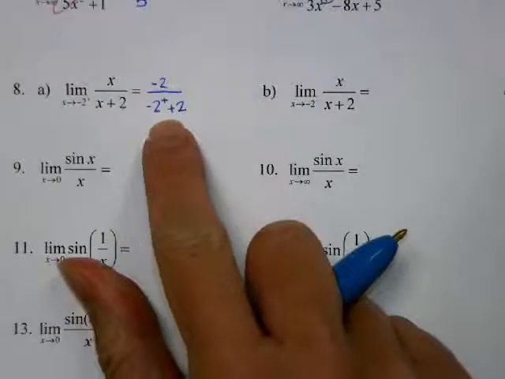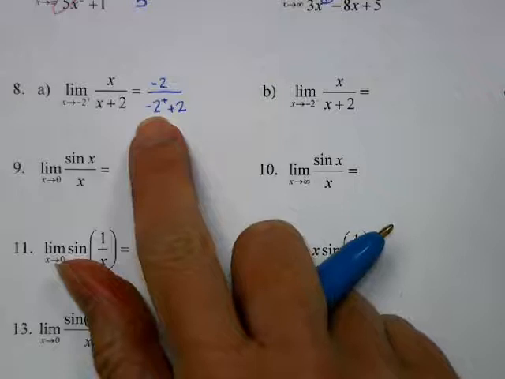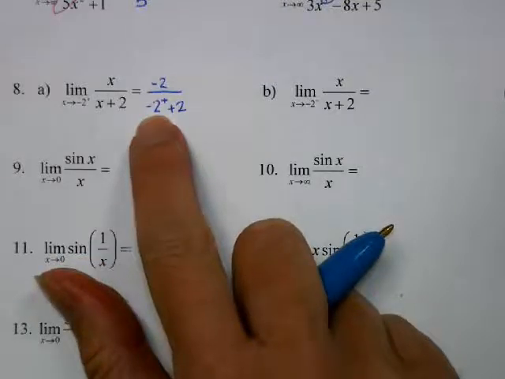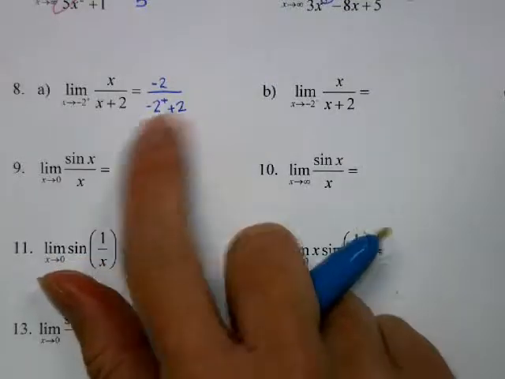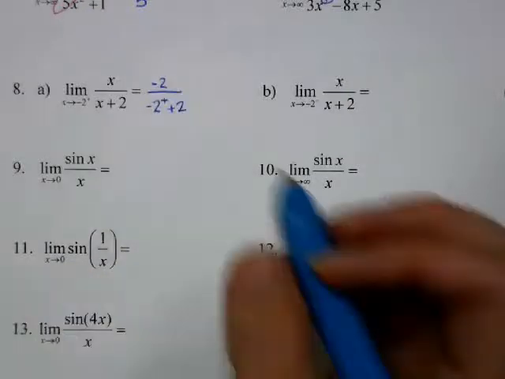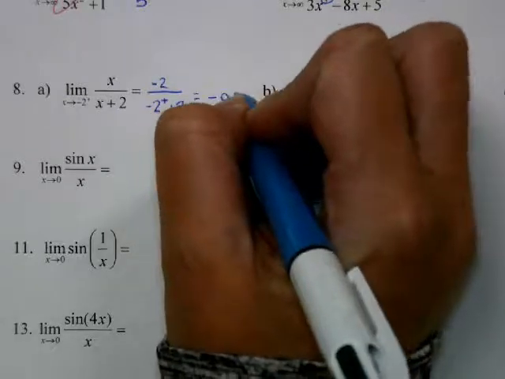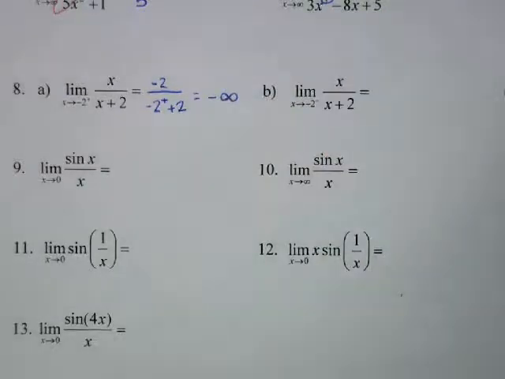So looking at numbers as we get really close, if I'm plugging in numbers that are just a little bit bigger than negative 2, that means this denominator is going to be positive, but the numerator is going to be negative. So this is going to go to negative infinity from the positive side.